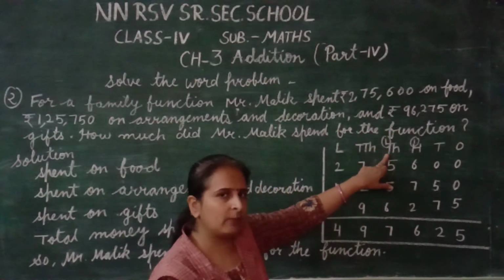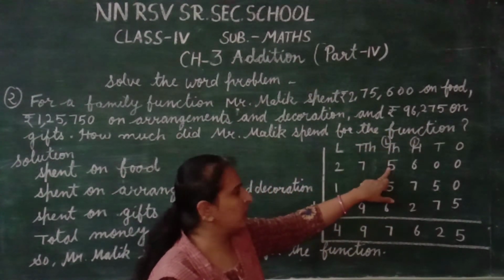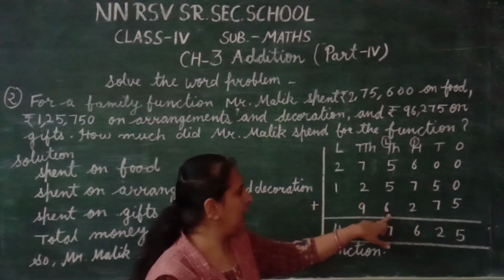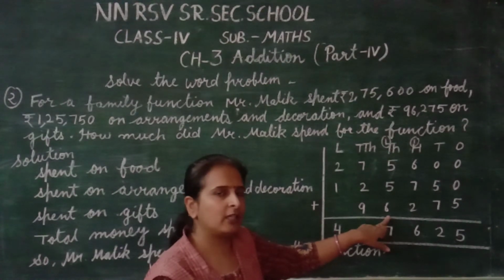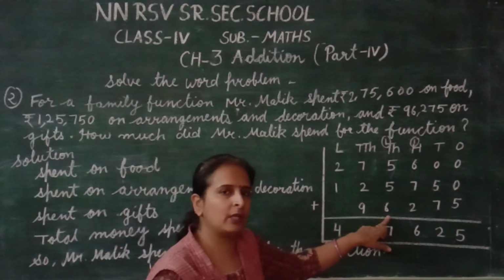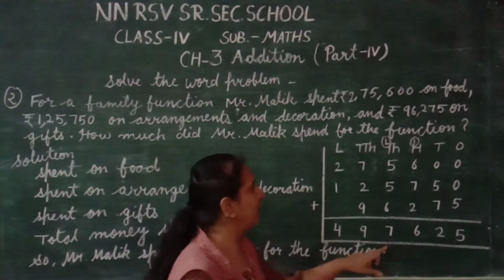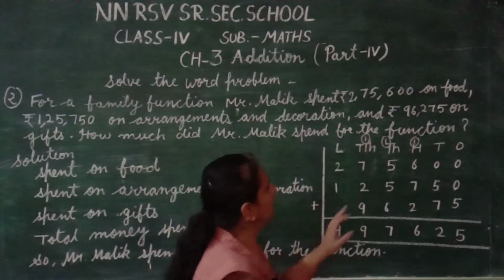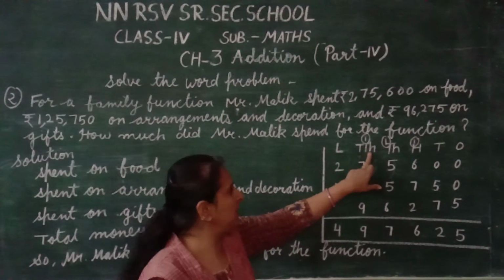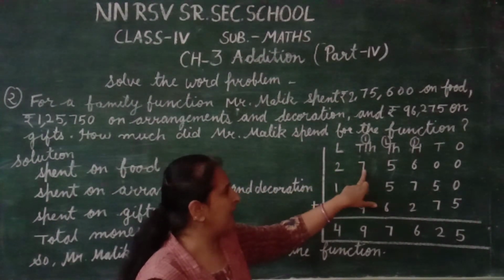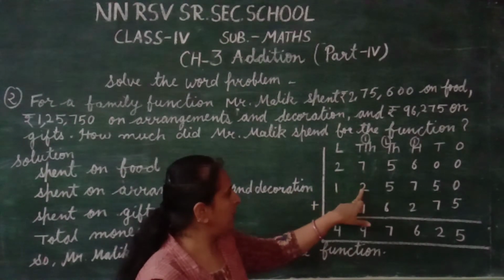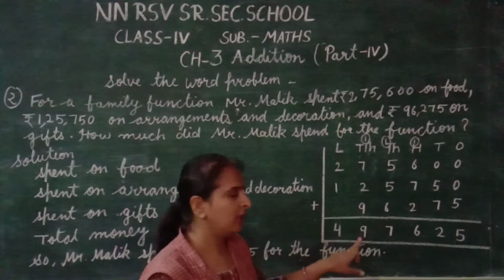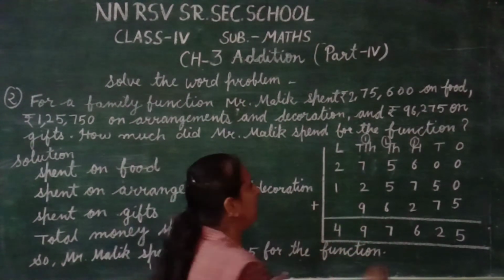Move to the thousand place. 1 plus 5, 6. 6 plus 5, 11. 11 plus 6, 17. Again 17 is a 2-digit number, so we write 7 and carry over 1 to the 10,000 place. 1 plus 7, 8. 8 plus 2, 10. 10 plus 9, 19. We put 9 and carry over 1.